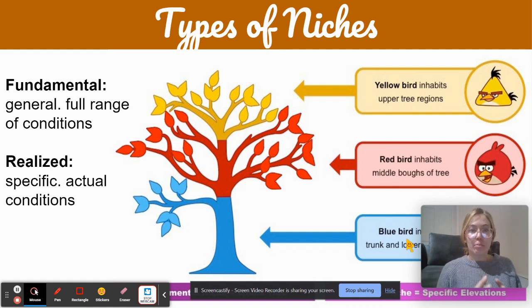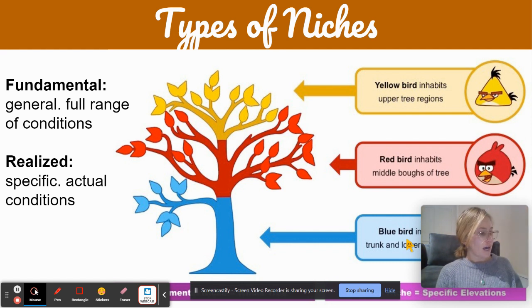And this comes into play when we start talking about the second Edpuzzle that you are going to look at with pika. Pika has a fundamental niche of high alpine. The realized niche can actually change depending on climatic factors, and you will see that in the Edpuzzle. So take a moment, distinguish between a fundamental and a realized niche. Again, examples I think would be very helpful to include in there.